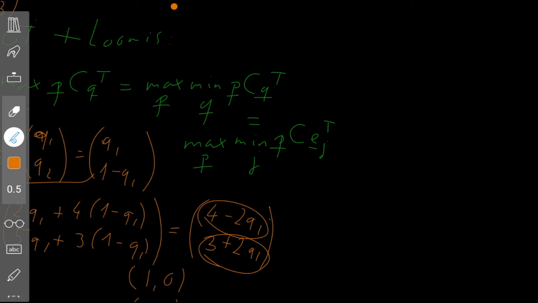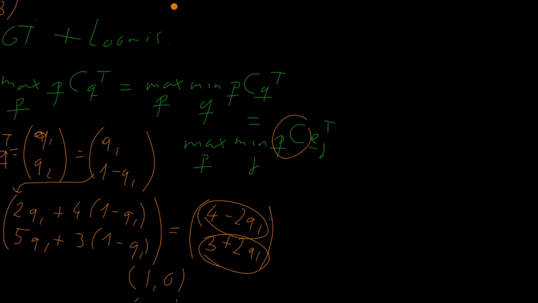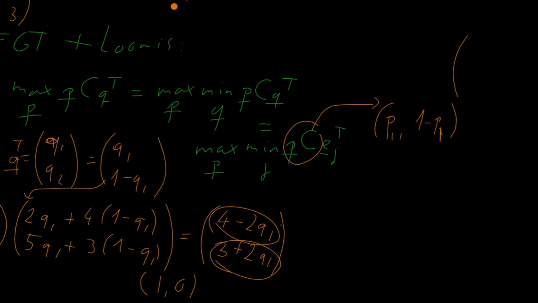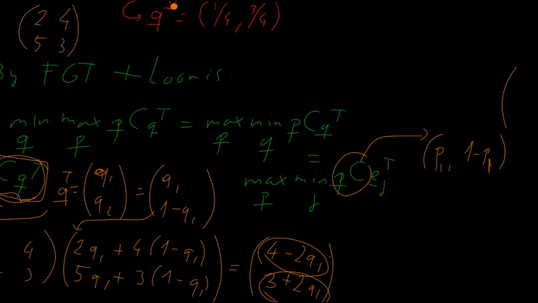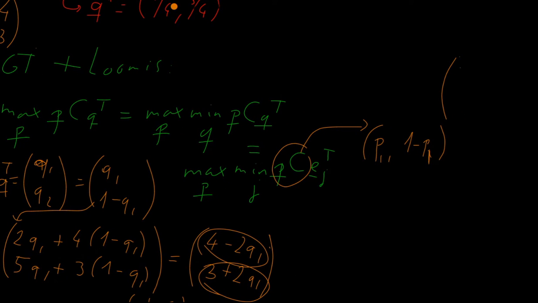So for player A, we have to compute this part, the P times C, and again it's P1 and 1 minus P1, because P2 is always 1 minus P1. And I have to multiply by this 2, 4, 5, 3.